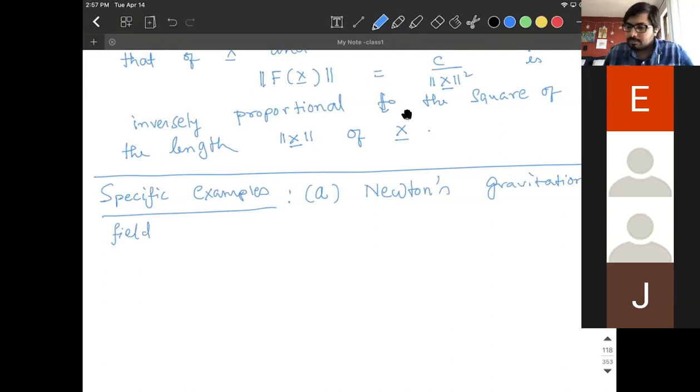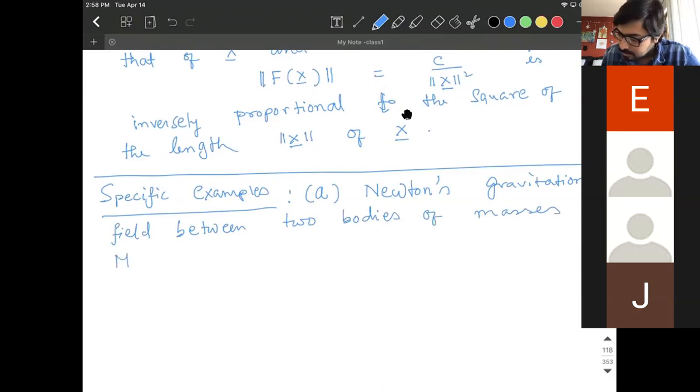So what is the setup? So you have two bodies, of masses, let's say m and M respectively.